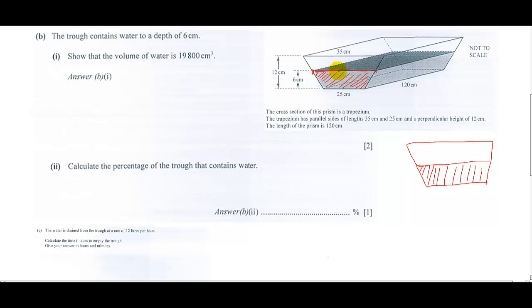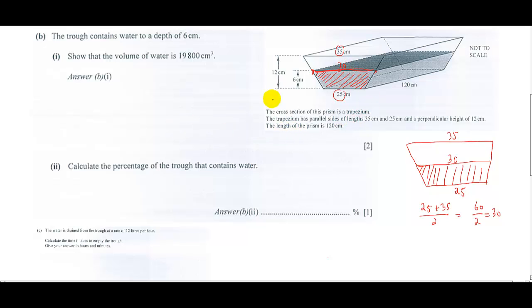So to find the midpoint or middle length, we will add these 25 and 35 and then divide it by 2. So it is 60 over 2, and it is 30. So this length is 30.